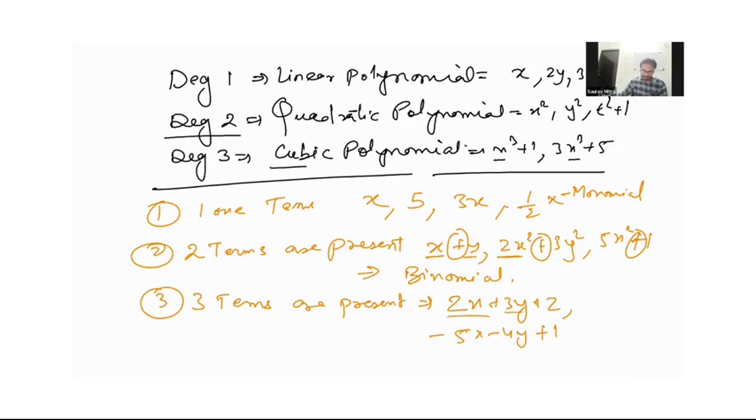Since they have three terms, 2x is your first term, 3y and z are the other two. So this is called your trinomial. So these are the categories by degree. We can differentiate the polynomials degree wise, and we can also classify the polynomials term wise like this: monomial, binomial, trinomial.